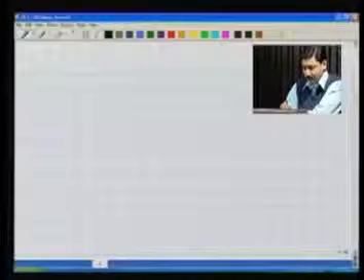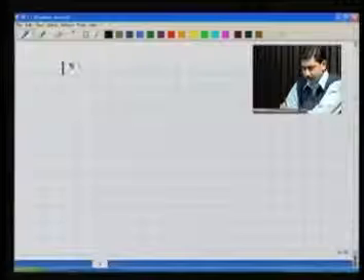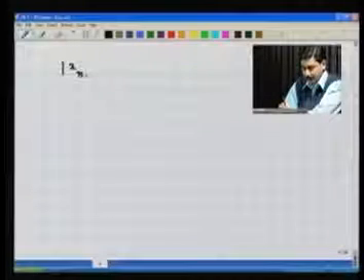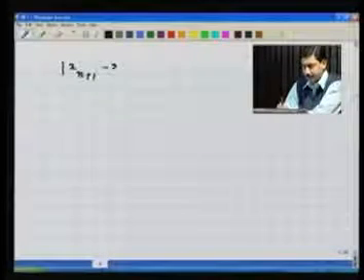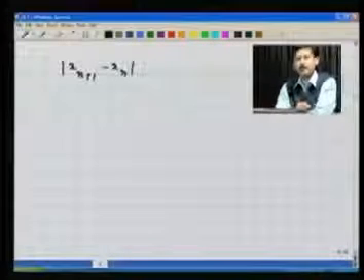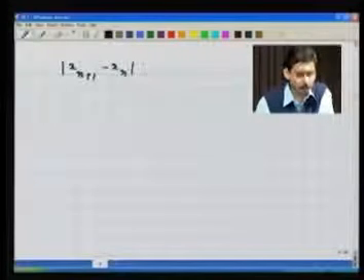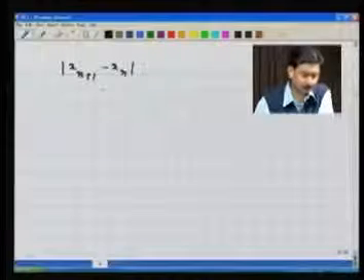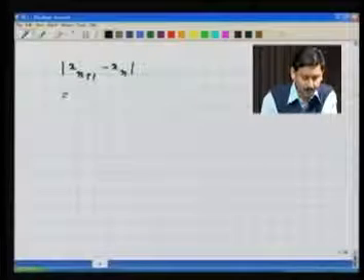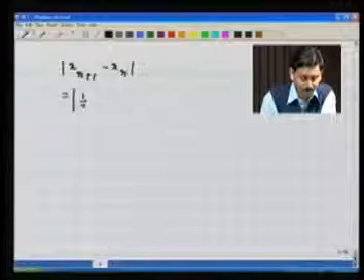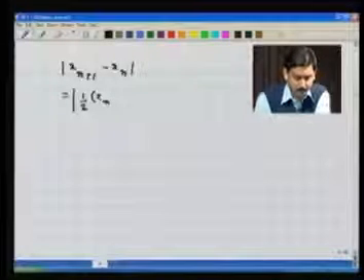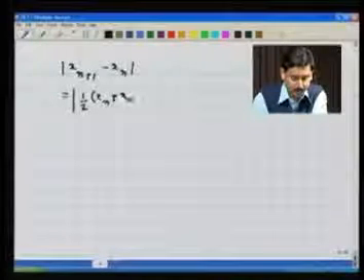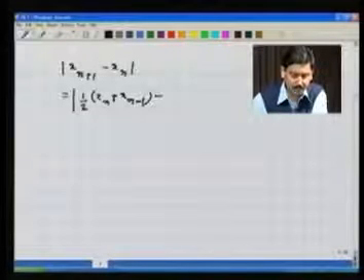So what I do is, I start with modulus of xn plus 1 minus xn. Let's just try to calculate modulus of xn plus 1 minus xn. So I just write it as modulus of half of xn plus xn minus 1, minus xn.